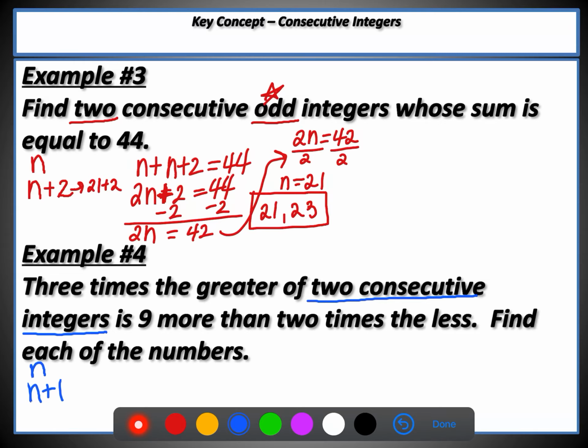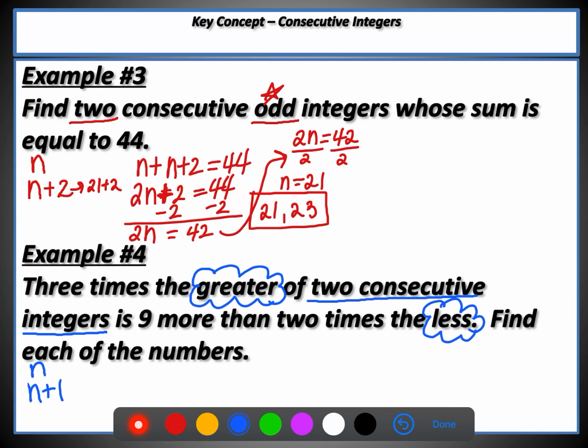Okay, now how are they indicating the difference between the two? So what keywords are they using? It says 3 times the greater of 2 integers is 9 more than 2 times the less. Okay, think about that for a second. So if you said the greater and the less, okay, you're right.